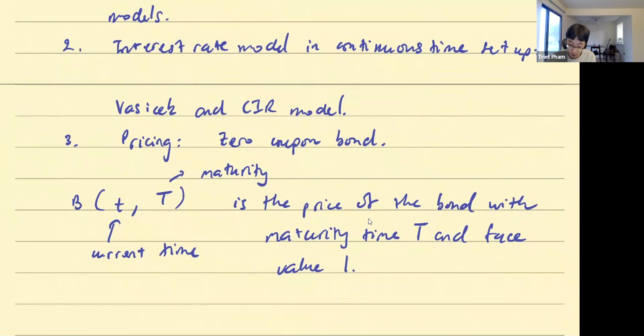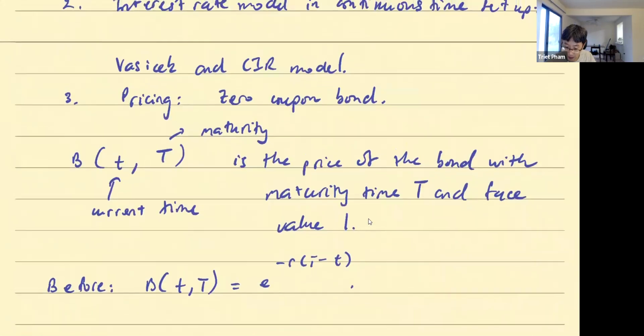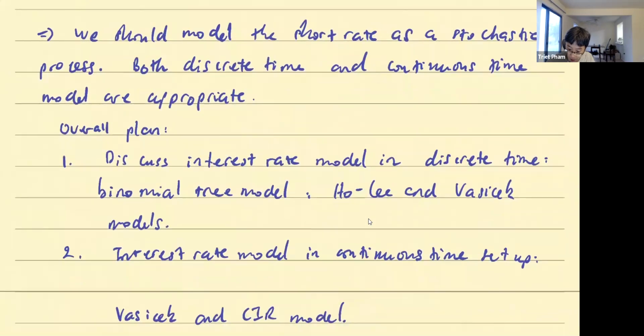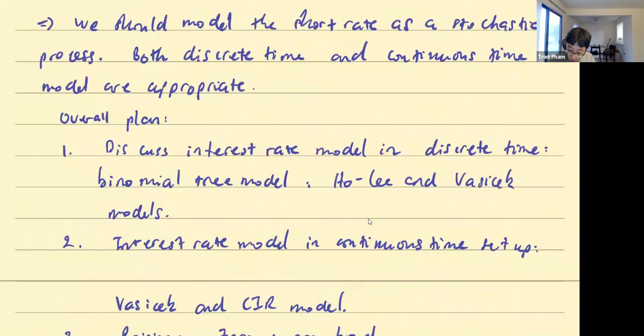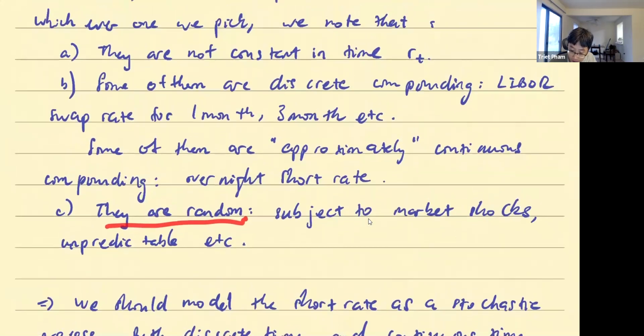So before, deciding this price is a very simple thing. We do e^(-r(T-t)). That's it. Like I said before, this has the drawback that it does not capture the randomness of the interest rate, or the fact that the interest rate is a function of time.